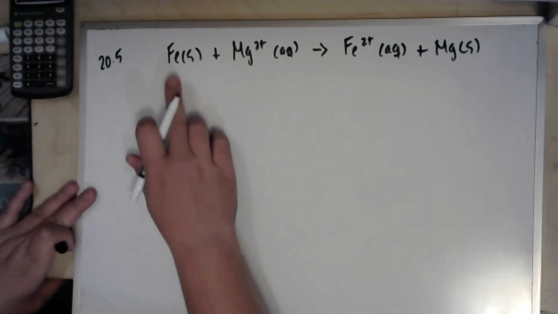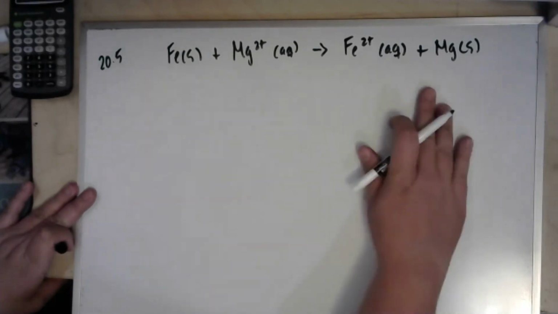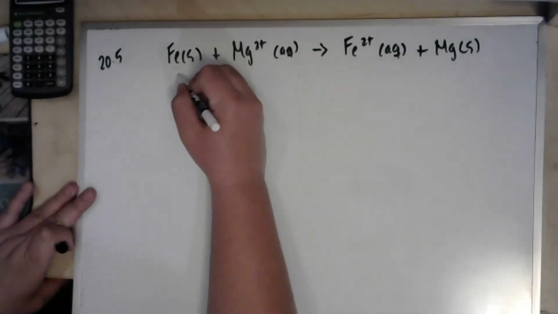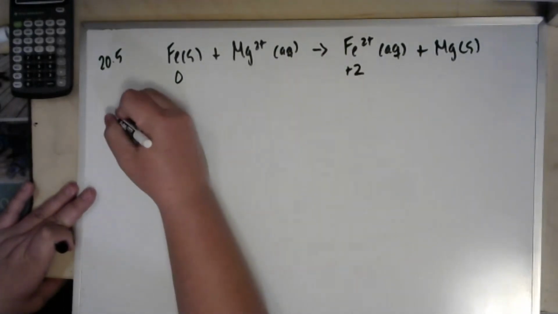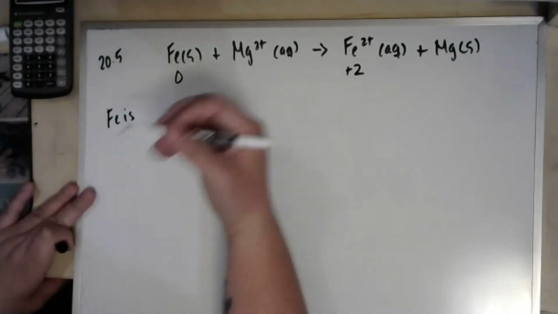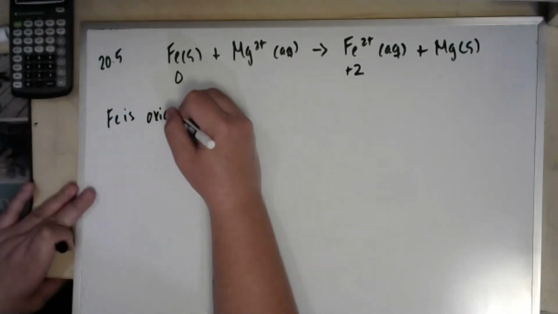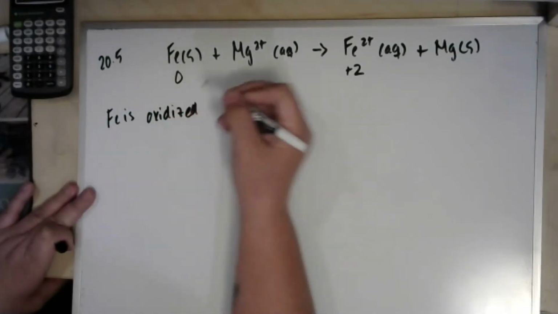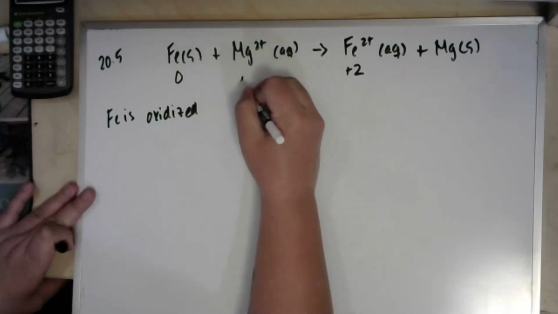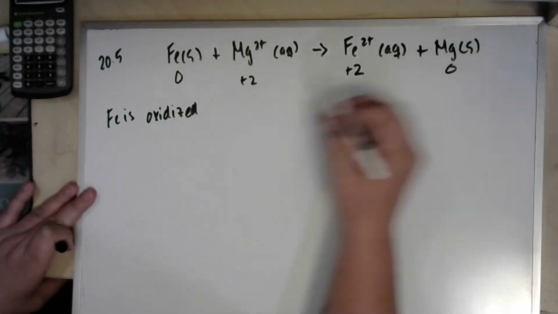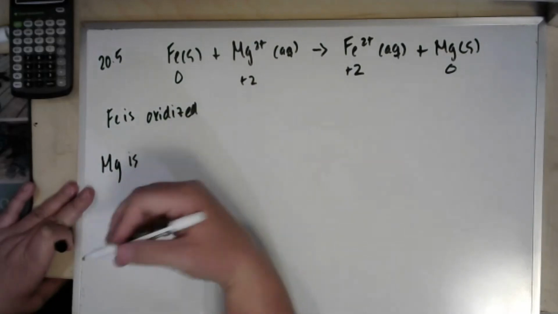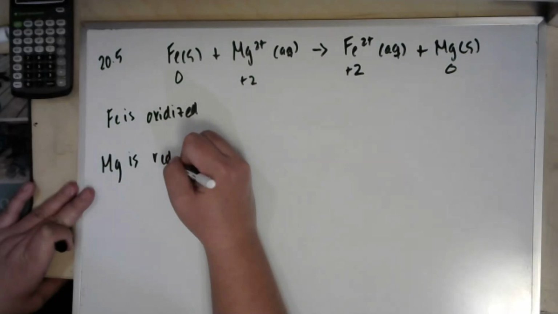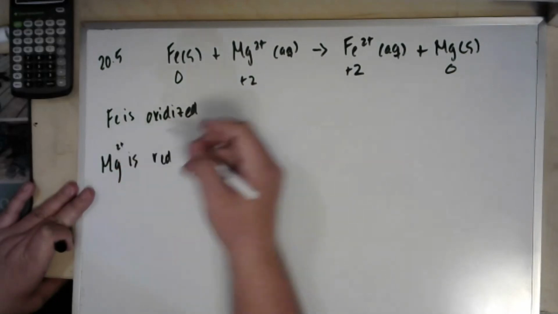We look at the reaction that we're given here, and we see that iron is going to be oxidized in this reaction. And we see that Mg goes from +2 to 0, so magnesium is going to be reduced, or I guess we could say Mg2+ is reduced.